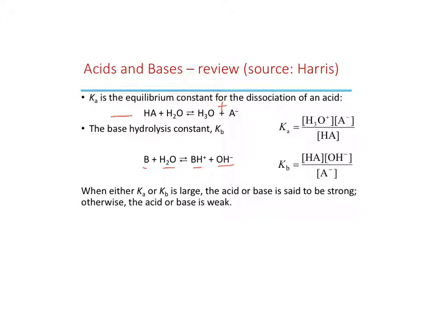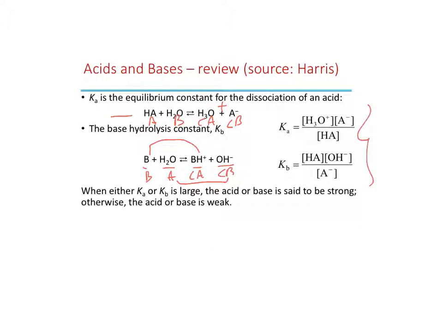And these are all consistent with the Bronsted definition of acid base, which is proton donor and acceptor. But so we can say that we have a base and an acid, and we get a conjugate acid that comes from the base and a conjugate base that comes from the acid. Likewise, up here, we have acid, base, conjugate acid, and conjugate base.